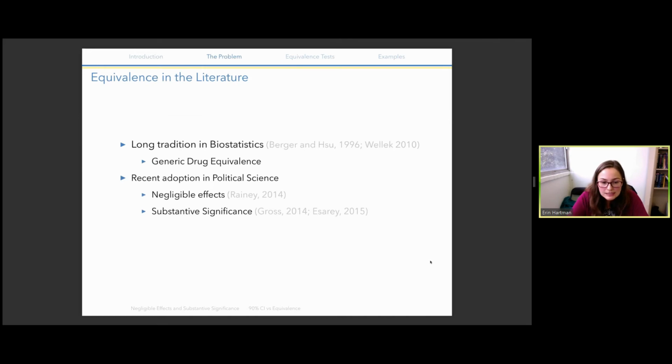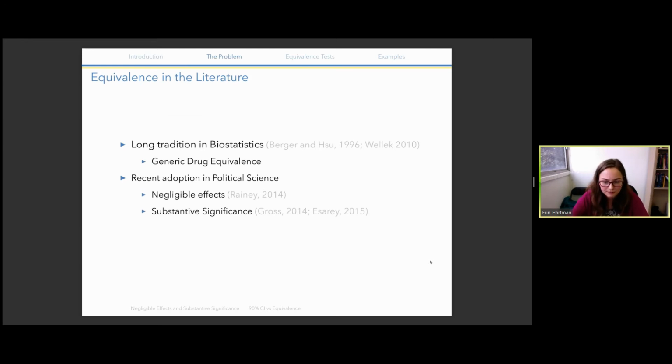And there's been some recent adoption in political science. In particular, most related to this is the idea of negligible effects, which came out of an AJPS article by Rainey in 2014. And so there the goal is for a researcher to show that an effect that they observe is not substantively significant. It's also related to some work on substantive significance by Gross and our host here, Justin.